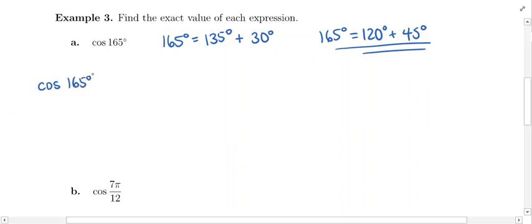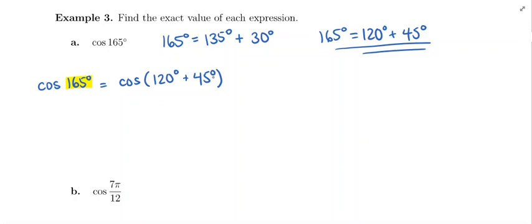I'm going to rewrite it as the cosine of 120 degrees plus 45 degrees. It does not matter which order you put them in. Remember, when you add two quantities, the order does not matter. So we could have also put 45 plus 120. However, if you are subtracting, the order does matter.